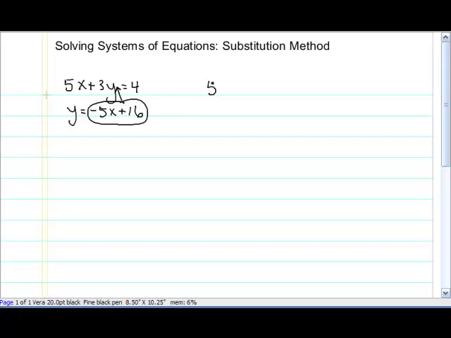So here we get 5x plus 3, and I'm going to replace the y with its replacement value here, -5x plus 16, equals 4. Again, by doing the substitution, I now only have one letter, and we can use our algebra for solving that. So we have to distribute the 3.